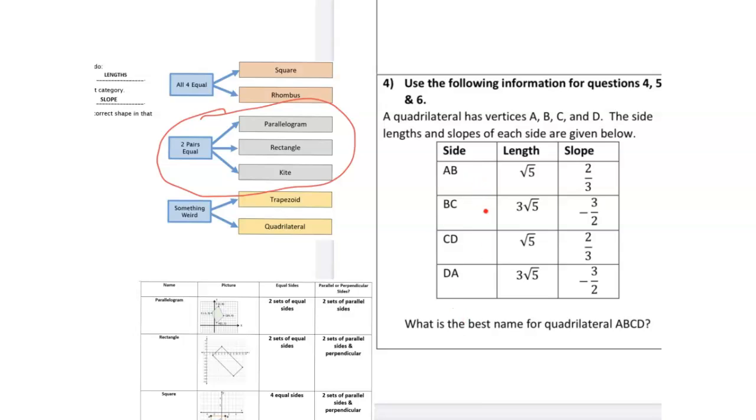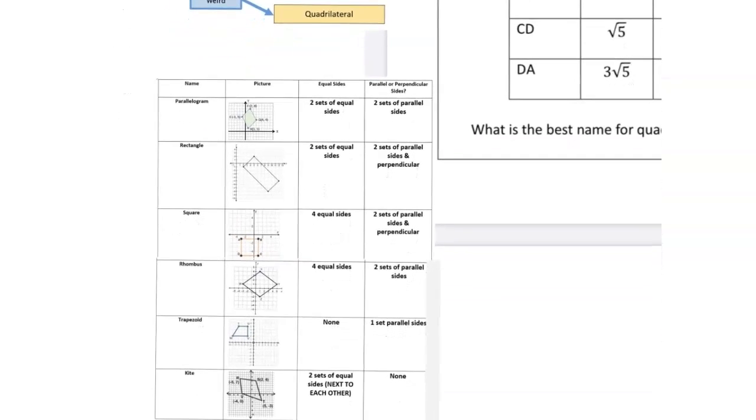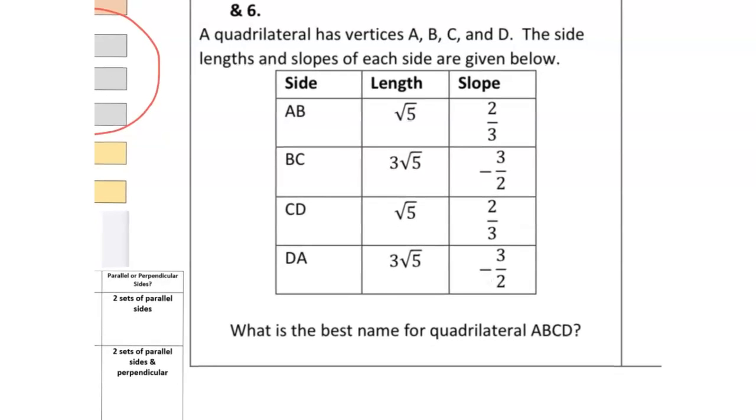Okay, after you have looked at your lengths, we're told to then look at our slopes. If we look at our other chart here, it'll give us a little bit more information about those slopes. So remember that the slopes can help us determine if we have a parallel versus a perpendicular line. Well, if anything is parallel, that means that they'll have the same slopes.